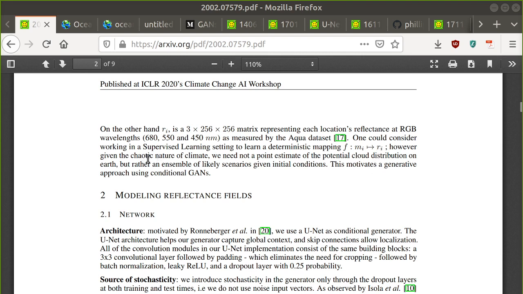Given the chaotic nature of climate, we need not a point estimate of the potential cloud distribution on Earth, but rather an ensemble of likely scenarios given initial conditions. I mean, that makes sense. Why exactly we want this is a little bit less clear. I guess it really depends on the downstream application and what you want to do with it besides just making pretty pictures.